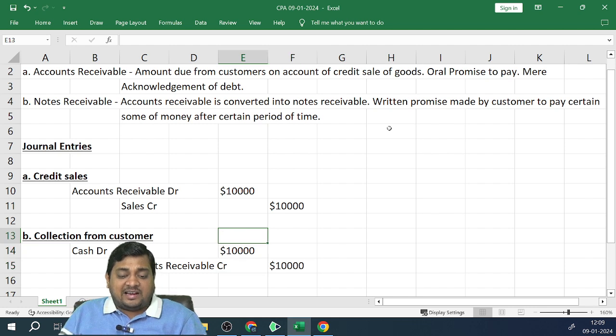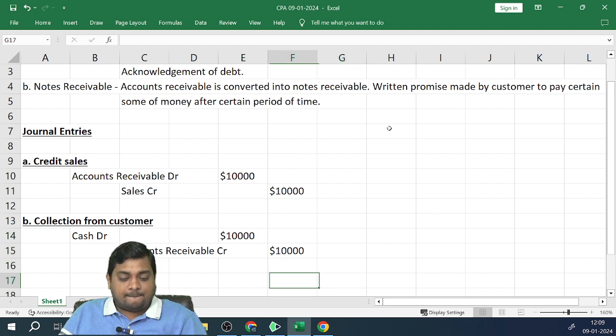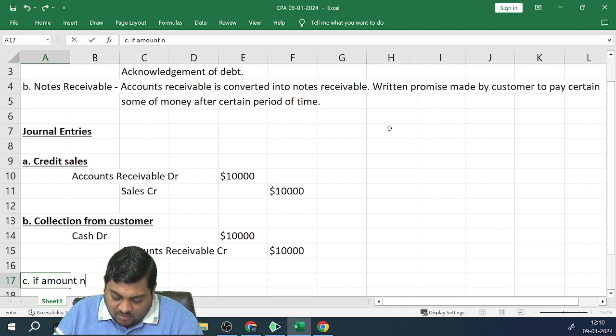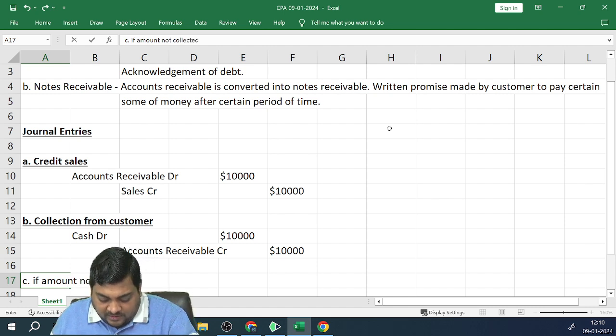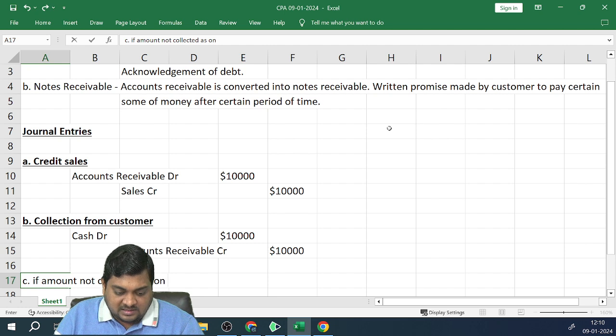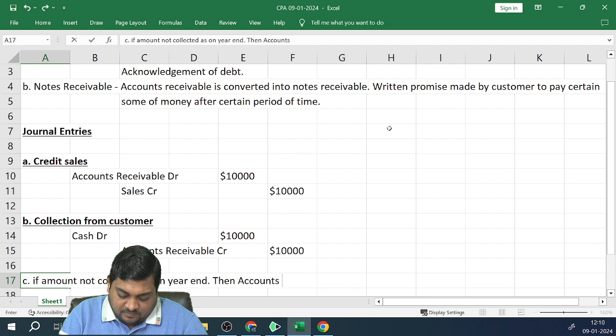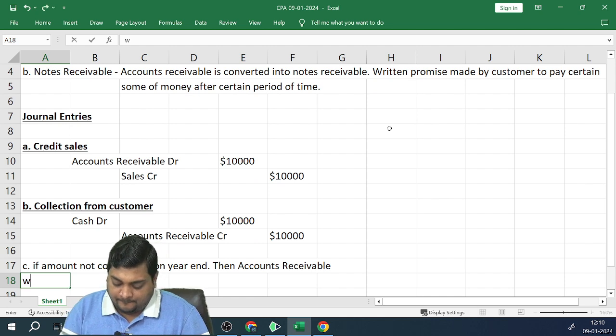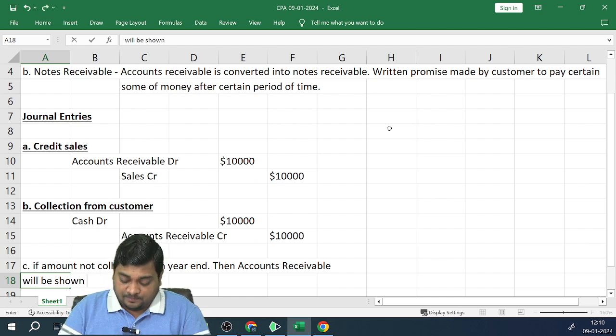And in between, if we haven't realized the amount, if the amount is not collected as on year end, then accounts receivable will be shown.